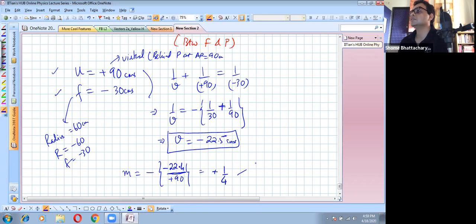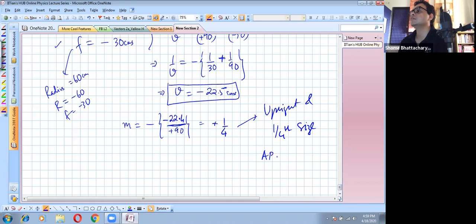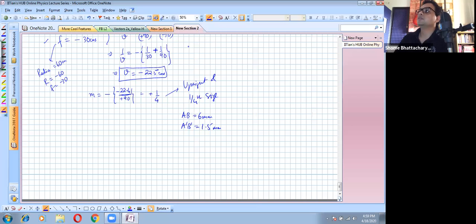Okay, so it is upright and 1/4 the size. So I think I had taken the size of the object AB was 6 millimeters. So A prime B prime will become 1.5 millimeters. So this becomes the full calculation of it.